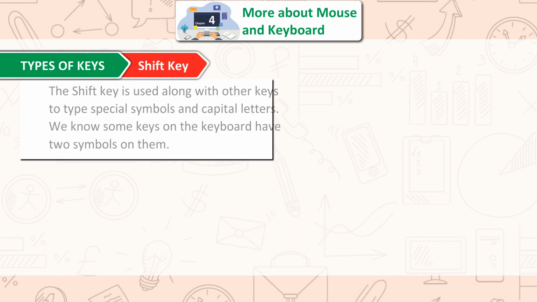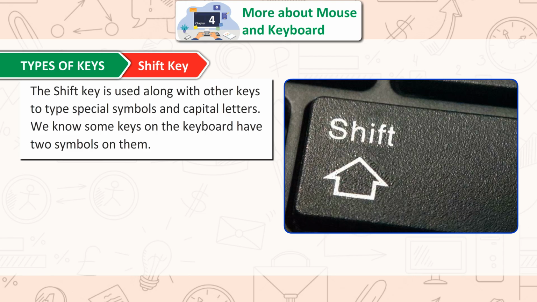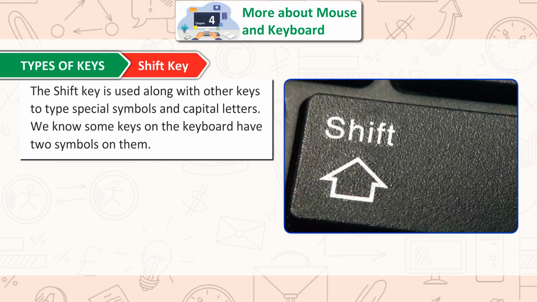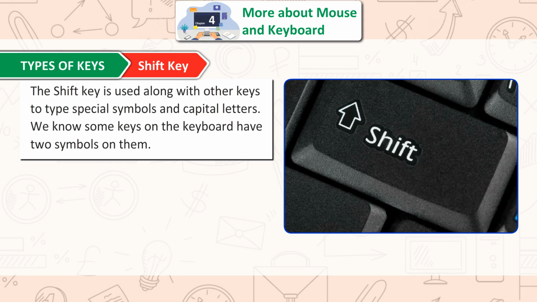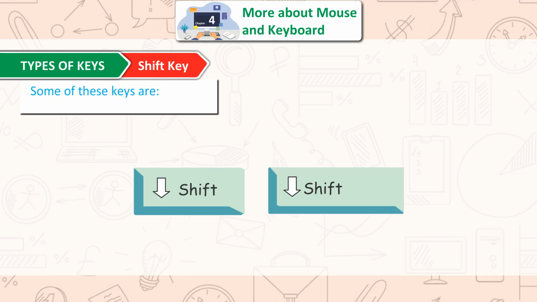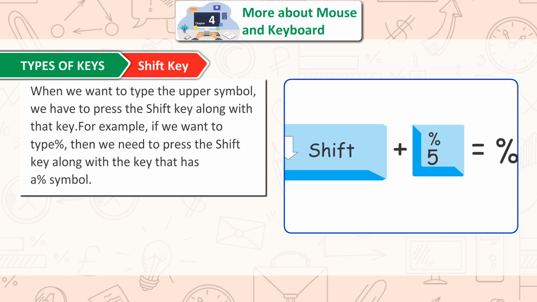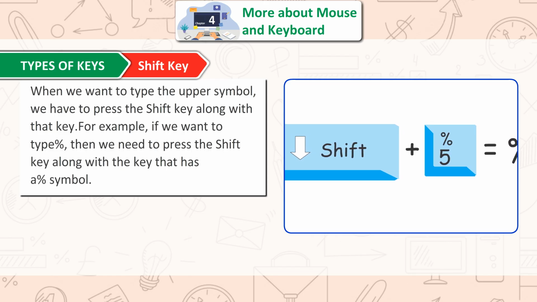Shift key. The shift key is used along with other keys to type special symbols and capital letters. We know some keys on the keyboard have 2 symbols on them. When we want to type the upper symbol, we have to press the shift key along with that key.